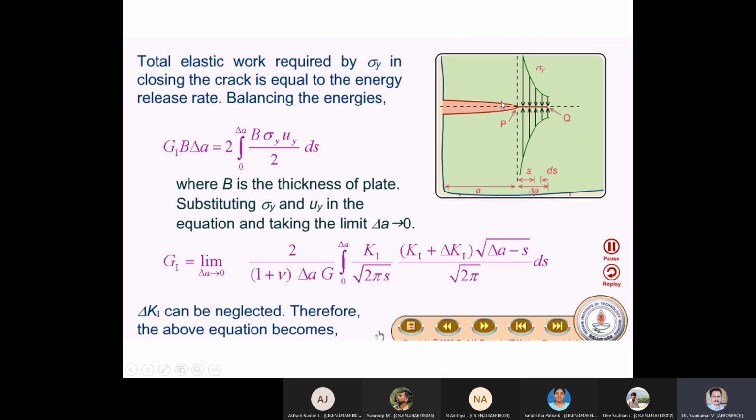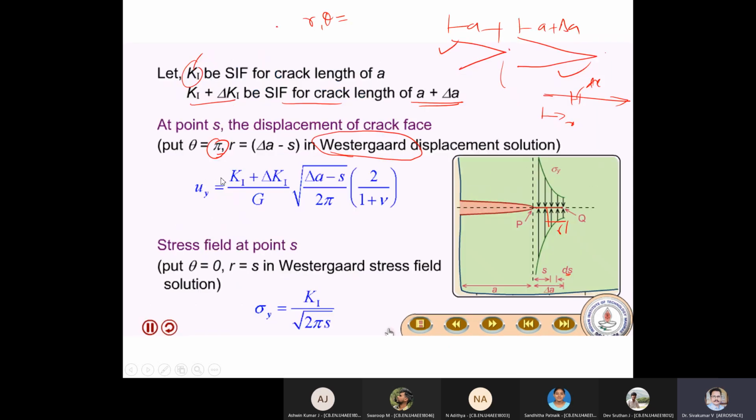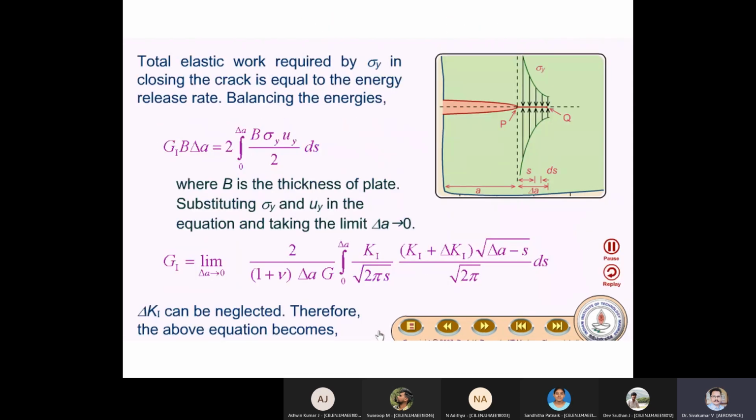So what is the resistance force? G1 into B into delta A. Now I am balancing these two things. G1 B delta A is the resistance.